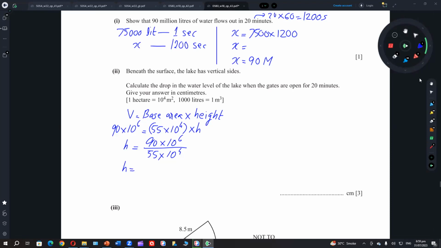Please quickly solve it. It's getting 163.63.